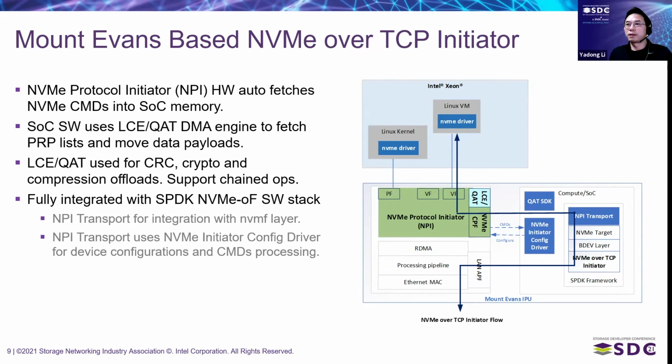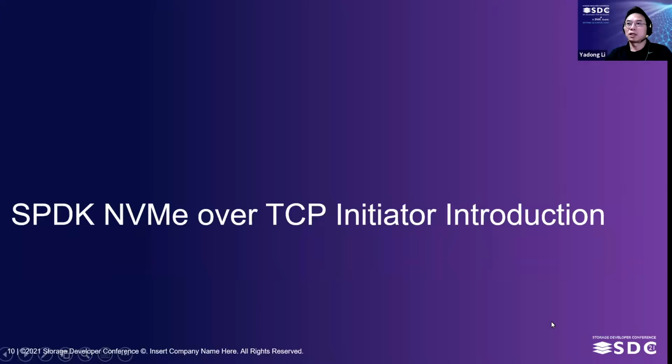So it provides a very flexible framework for implementing different initiators. So basically, this is a quick intro of MPI and the NVMe over TCP initiator solution based on MPI. Next, we can go into the details of the SPDK design. So Zian, please take over.